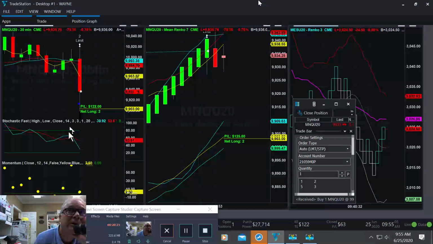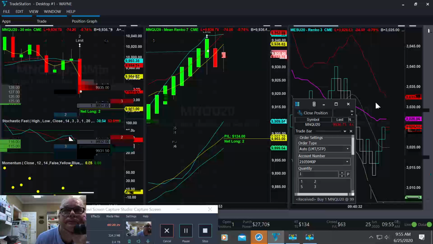The stochastic is down, so we really got a good chance of pulling back down again. So we probably better peel another one off. See if we can get it to 36 again. Order filled. And they gave it to us, so we're going to hold the 1 even if it comes down on us.